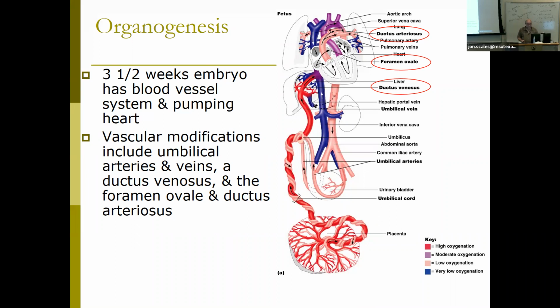So the circulatory route is most oxygenated blood coming in through the placental vein, okay, via the umbilical cord, merges with the vena cava behind the liver through a structure called the ductus venosus, goes into the heart. Some of it passes through the foramen ovale from right atrium to left atrium.